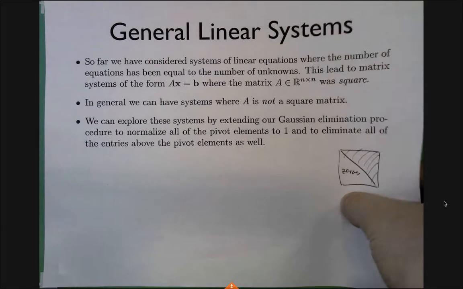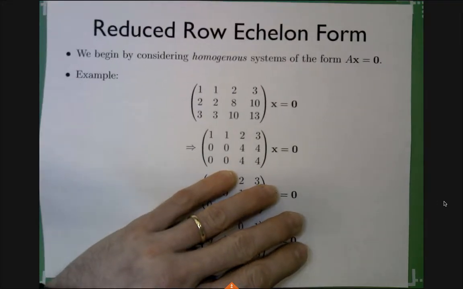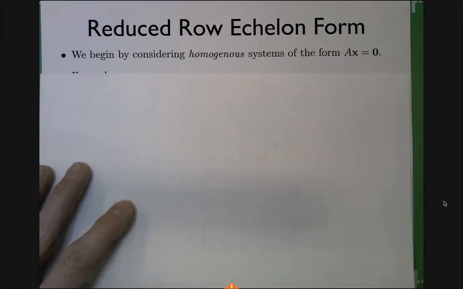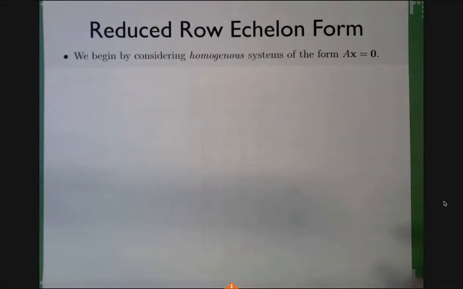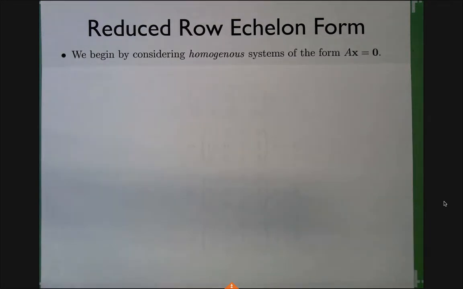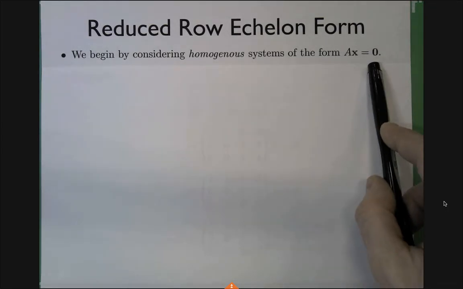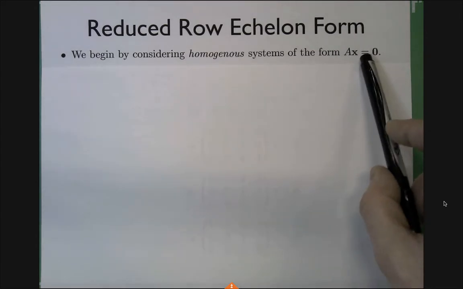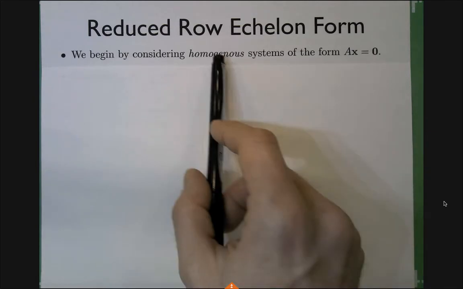In general, of course, I have some right-hand side, Ax equals b, which can be non-zero. But it turns out it's very useful to first look at the case where the right-hand side is 0. It will turn out that the general solution decomposes into two parts, and this is one part of that, the special solution, or solution of the homogeneous system.